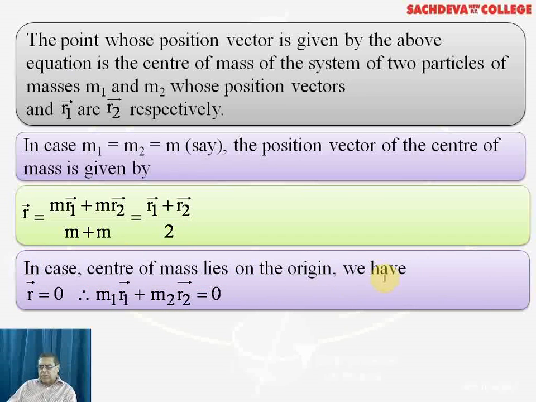When we use the term origin, it will have 0, 0 coordinates in two dimensions, but 0, 0, 0 will be the coordinates in three dimensions. Now we have R as 0, so M1 R1 plus M2 R2 must be 0.